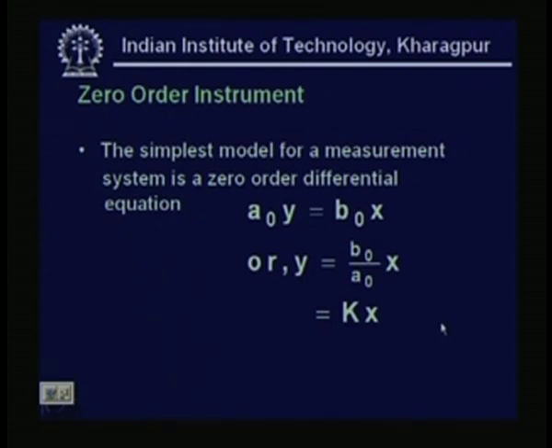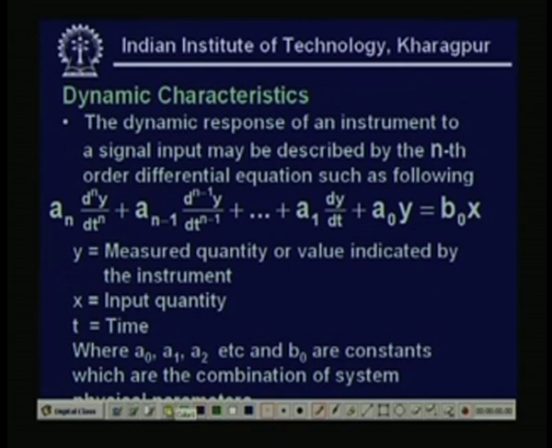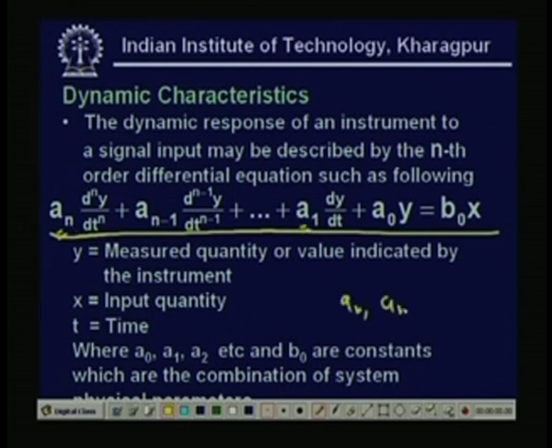If you go back to our initial nth order differential equation, and put all the coefficients from a n minus 1 down to a 1 equal to 0, I will get the zero order instrument which looks like this, as I have shown just now. Only this part, if you take it, is a zero order instrument.